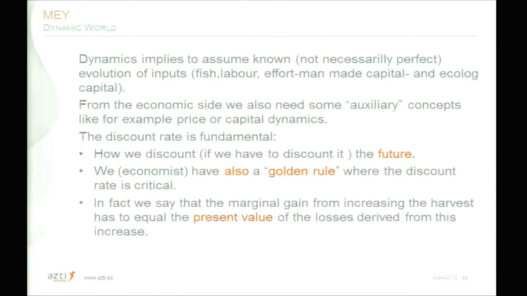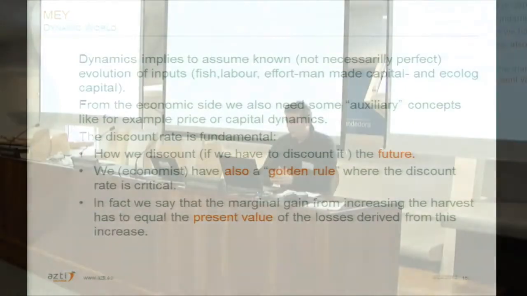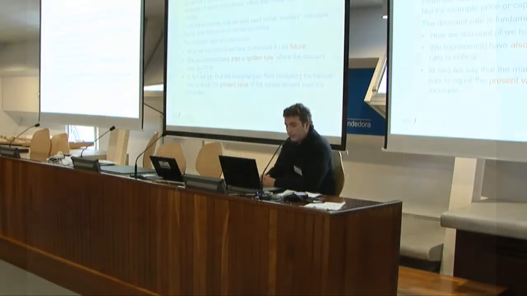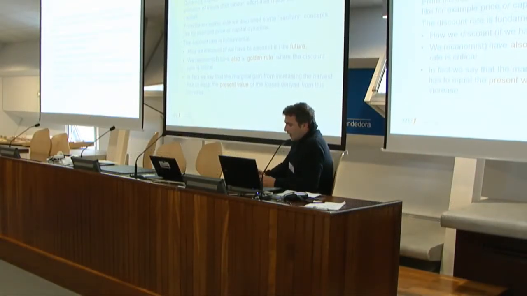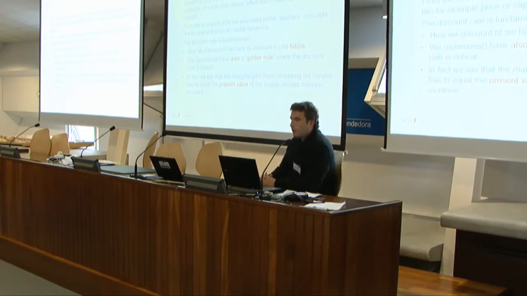In fact, what we say in this golden rule is that the marginal gain from increasing the harvest has to equal the present value of the losses derived from this increase. If we look at what this sentence means, it can be optimal to increase the total harvest depending on the discount rate that we are selecting.